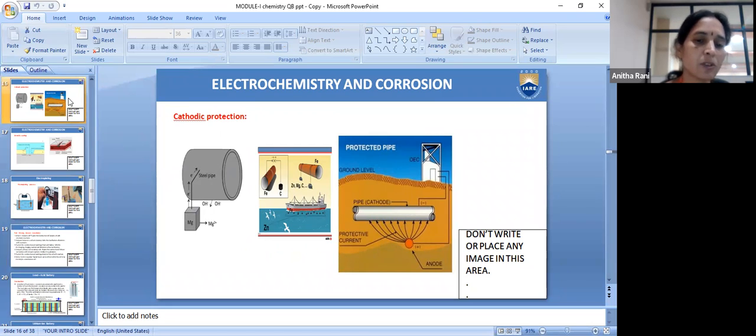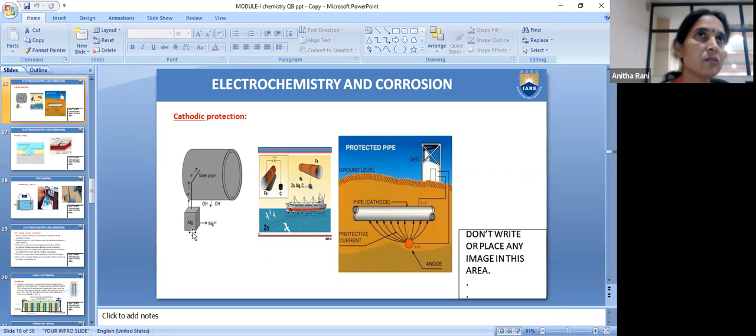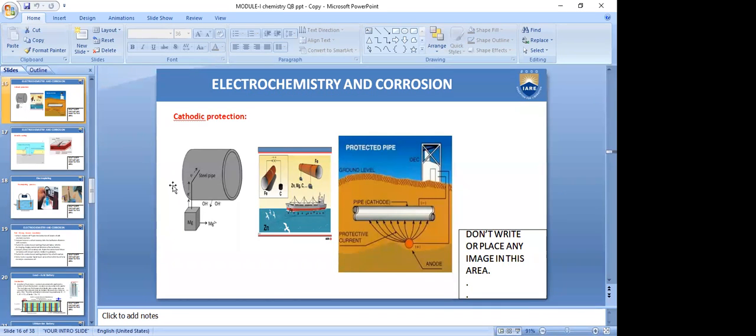So that is cathodic protection. The base metal becomes cathodically protected; it will act as the cathode, and the other metal will act as the anode.